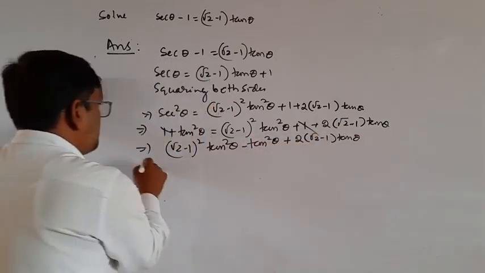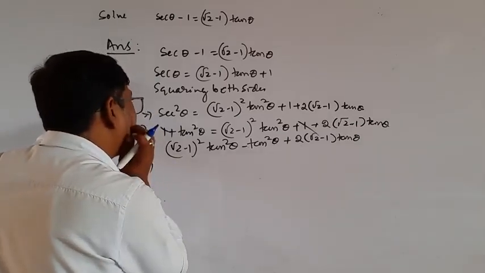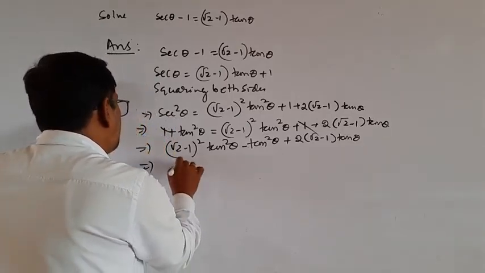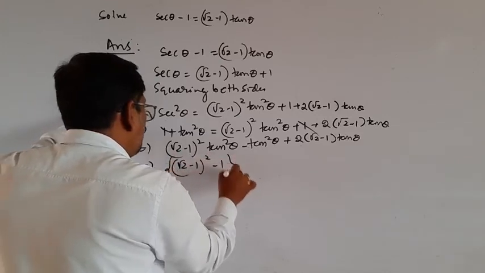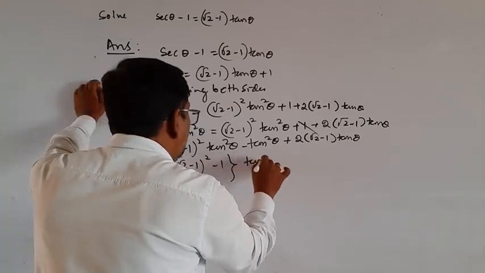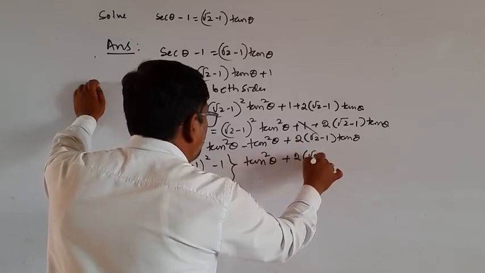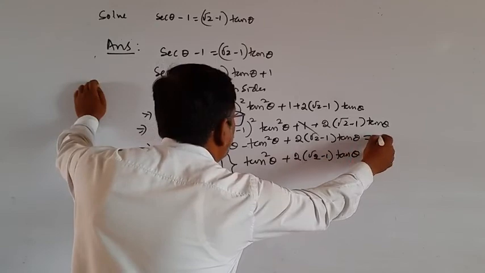So tan theta is common here, or we can write root 2 minus 1 whole square minus 1 into tan square theta plus 2 into root 2 minus 1 into tan theta is equal to 0.